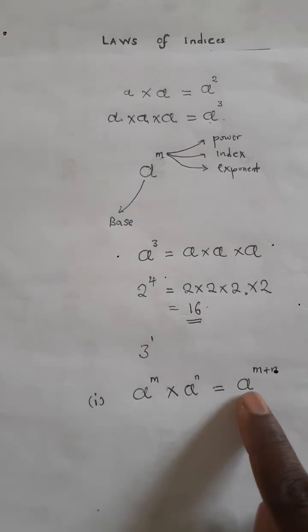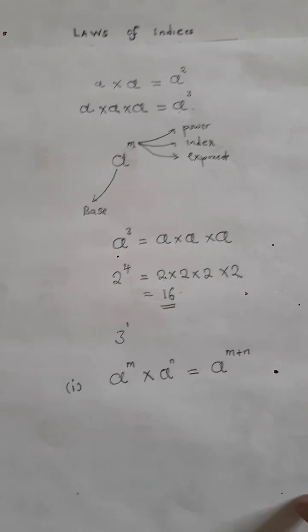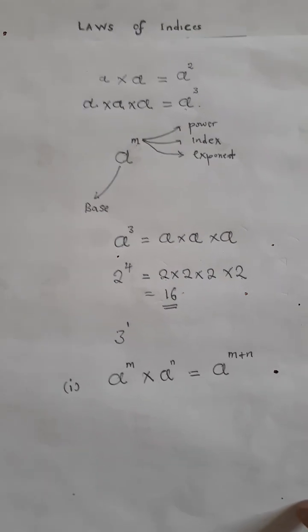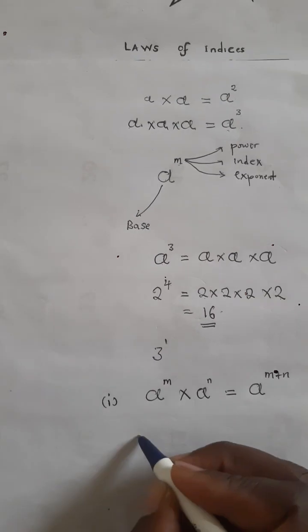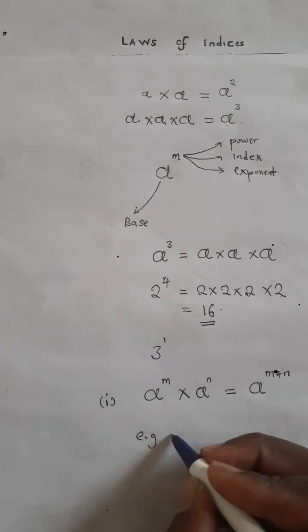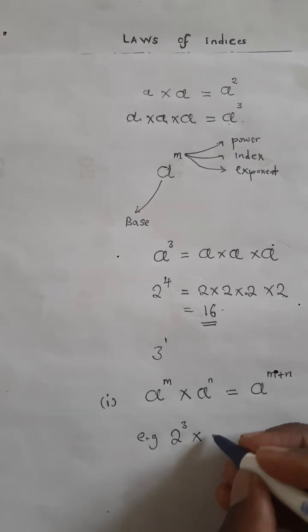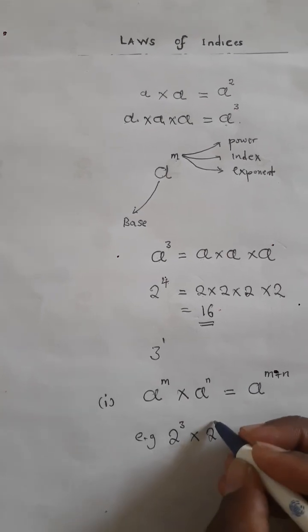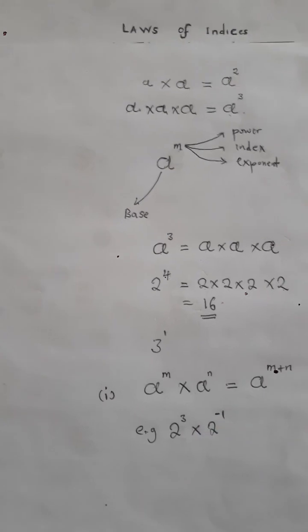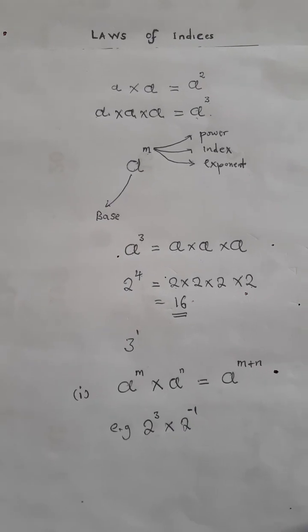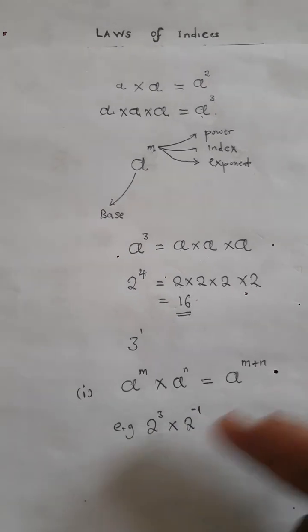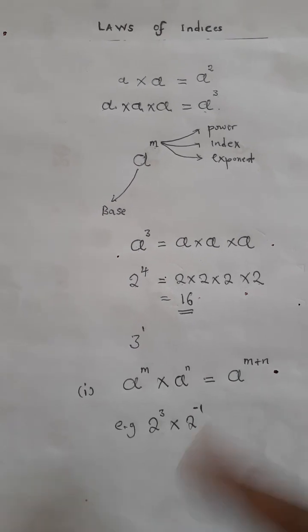So you get one base, then you add the powers. I'm sure this is clear. Let me give you an example. If I'm multiplying 2 to the power 3 times 2 to the power -1. Remember I said an exponent can also be negative, we'll get to that.